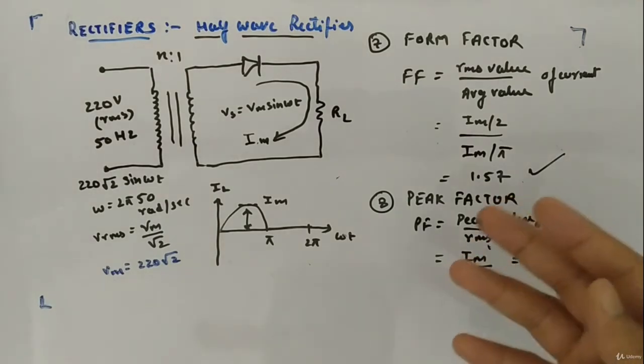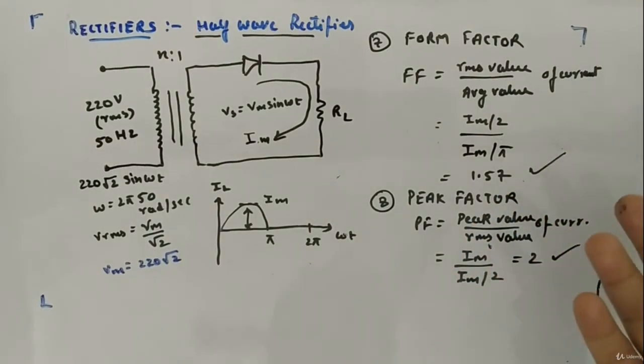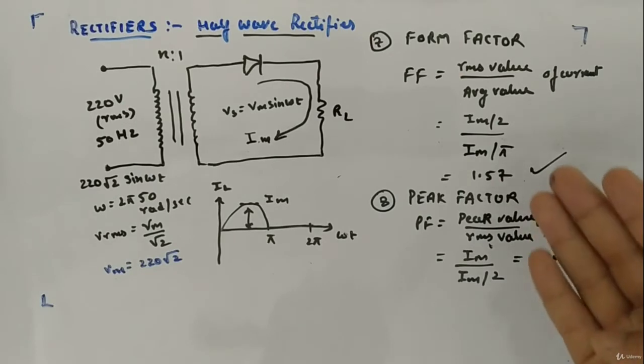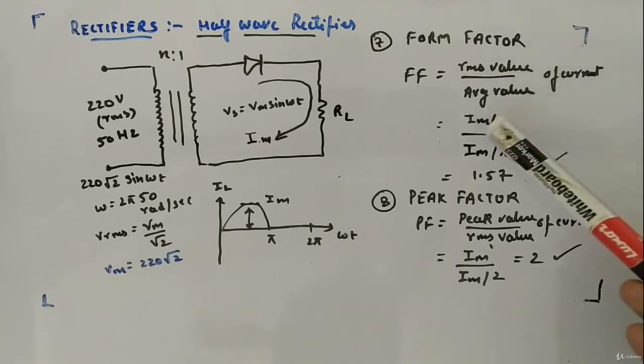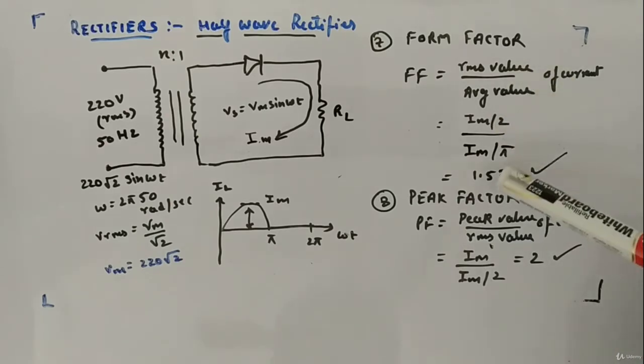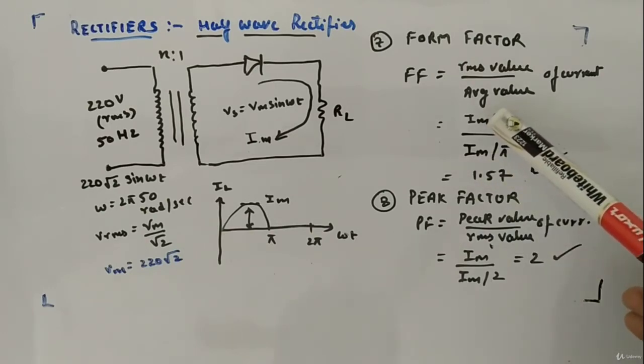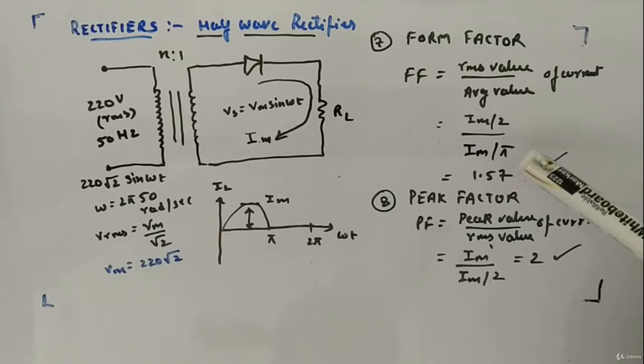Sometimes we try to compare the RMS and average value or peak value of the load current. We know the RMS value is Im by 2, and the average value, that is the DC value, is Im by pi. If you divide, Im will get cancelled, so form factor will be pi by 2, which comes out to be 1.57.